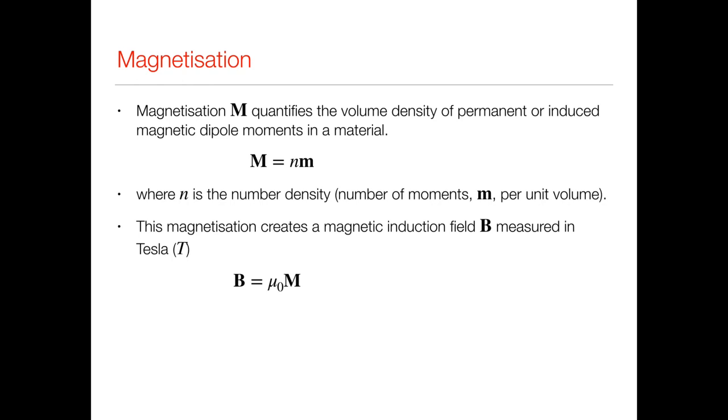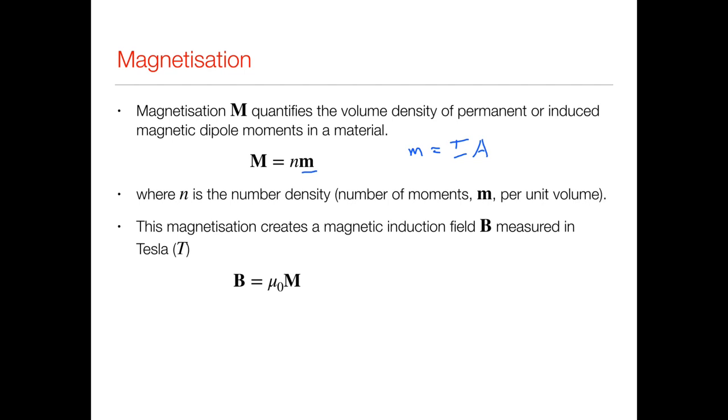We've seen that it's going to be the magnetic moments of the atoms, for example, in a material that gives rise to its magnetic behavior. So the magnetic moment, the small m, that we defined earlier as m being equal to I times A, where A is the cross-sectional area.